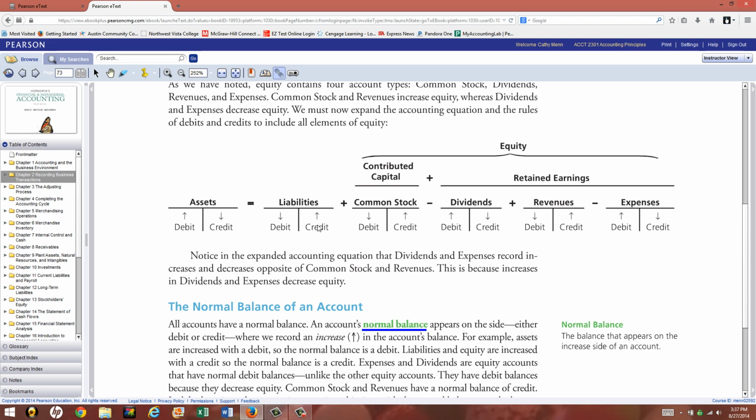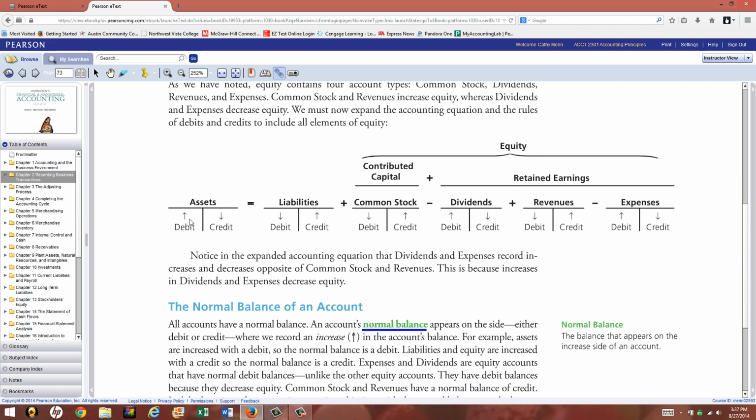In the journal entry, you would credit that liability, and the office supplies are an asset, a resource that you own, and they would be debited because you increased those. Normal balance means the side that it increases on.